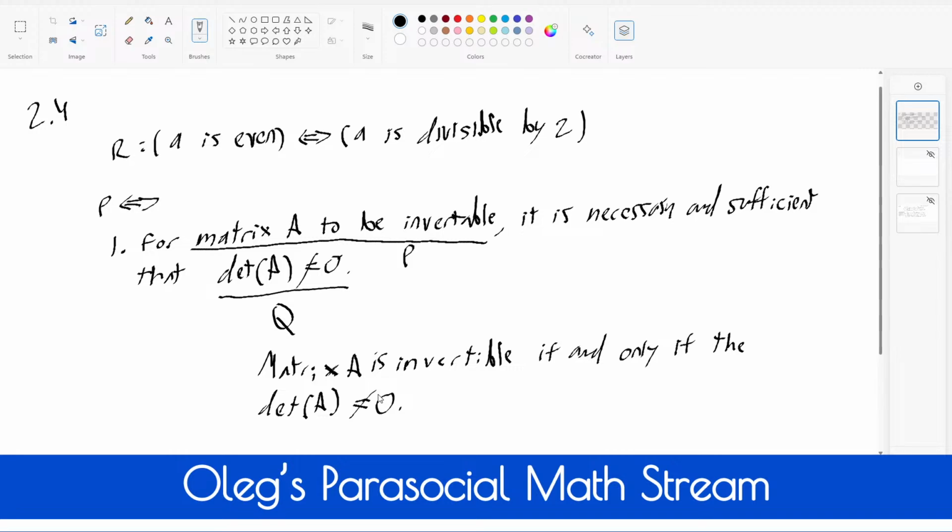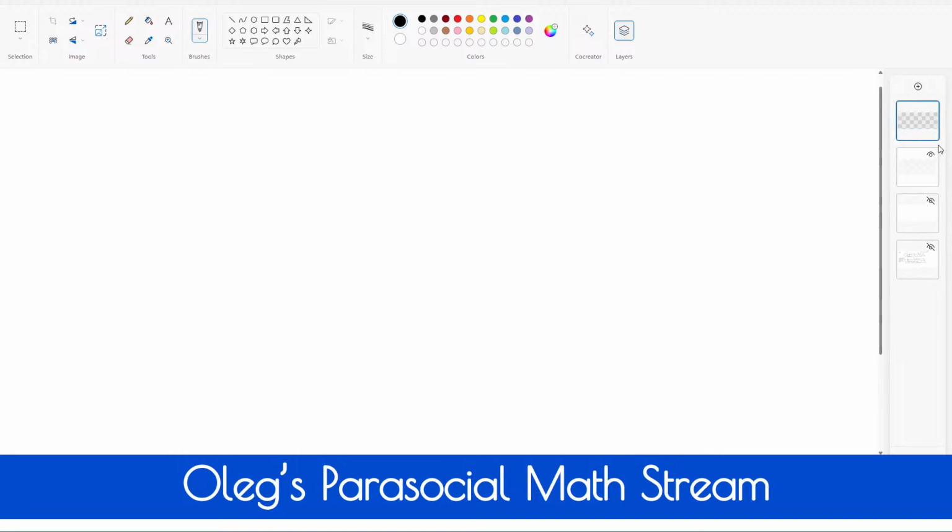Here it says a matrix is invertible if and only if its determinant is not 0. And I wrote matrix A is invertible if and only if the determinant of A is not equal to 0. So essentially they just wrote it more English and less math, but it's the same thing. The P's and the Q's, the if and only if are all lined up. So yeah, that's fine. Next.